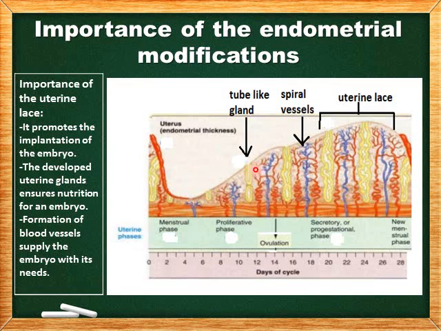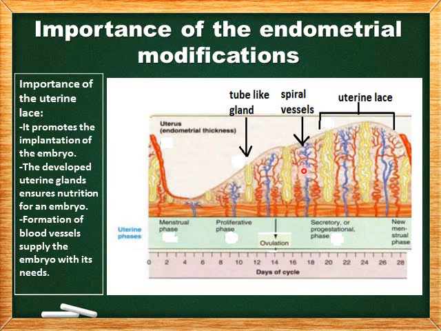So the endometrium has to provide them through these glands, which are very important for the development. So, ovulation takes place, and if fertilization occurs, the endometrium has to directly provide the fertilized egg with these nutritive substances, and that's why the tube-like glands become deeper and more developed to provide more nutritive substances.